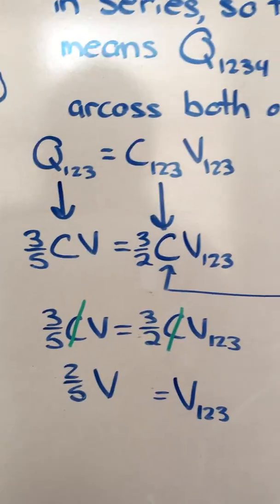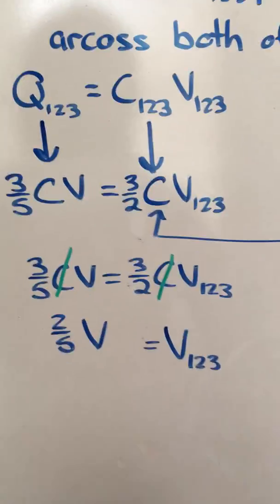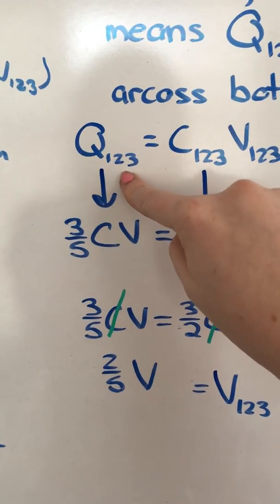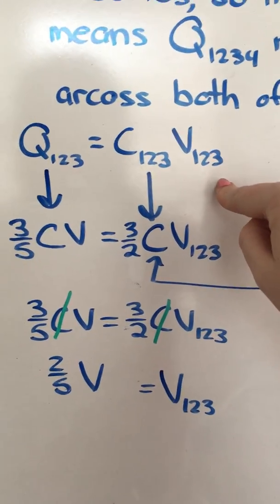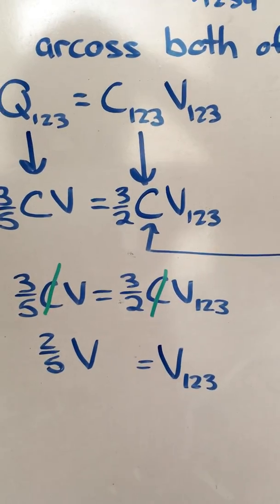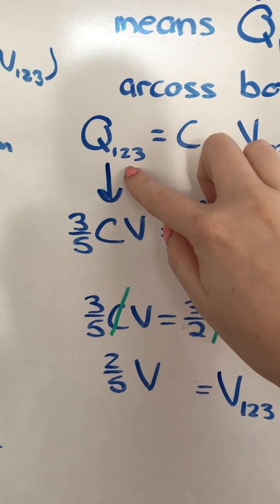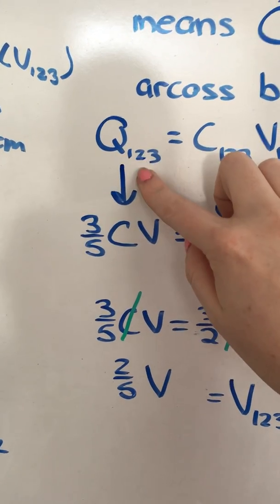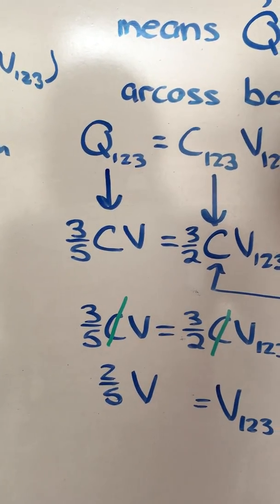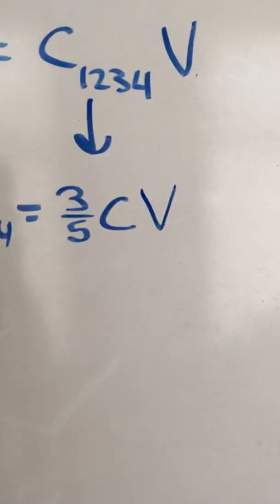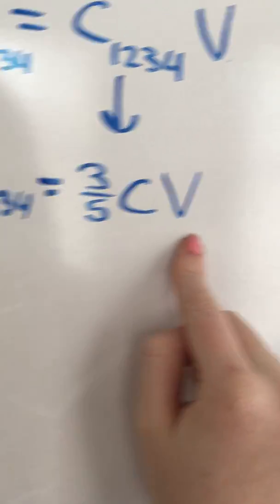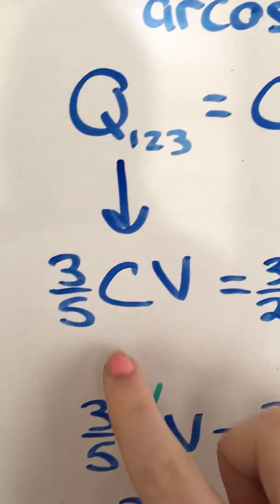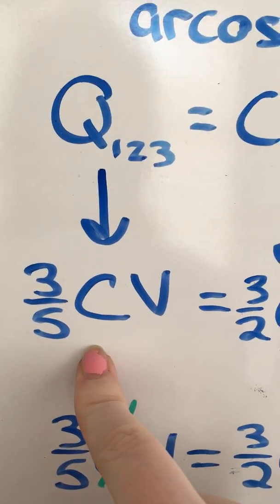So down here I used some of the equations that they used in D2L. I said Q123 is equal to C123 times V123, but the magnitude of Q123, we know it's the same magnitude as Q1234. So over here where we found out that Q1234 is 3/5 CV, we just plug it in down here for Q123.